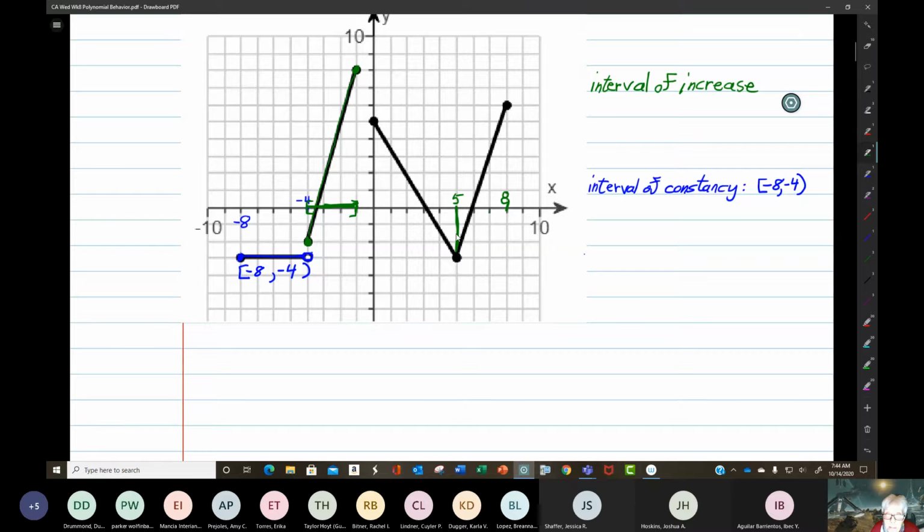What I would say about this is that since we cannot declare whether that point is part of the increase or decrease, I'm going to put a parenthesis here and a bracket here, but I have to erase the 8.